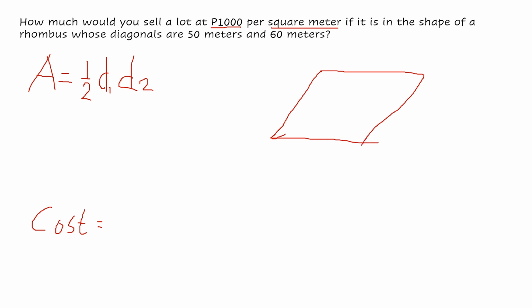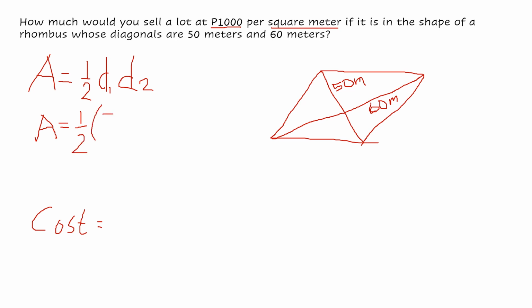So, one diagonal has a measure of 60 meters and the other diagonal has a measure of 50 meters. So by substitution, the area is one half of diagonal 1.